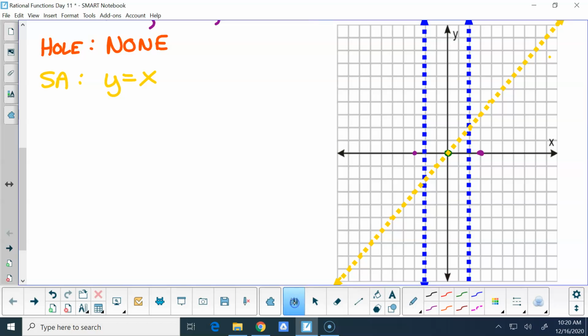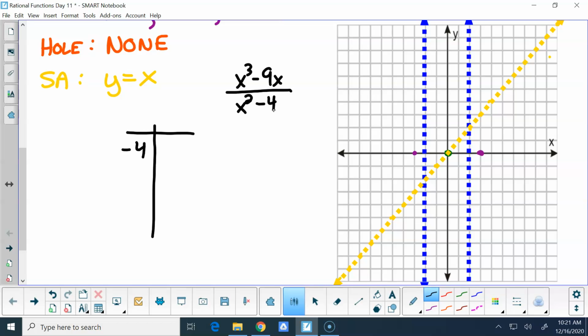All right. So we did 3 already. Let's do negative 4. Oops, I've got to get back my function. What was my function again? X cubed minus 9x all over x squared minus 4, correct? So negative 4 cubed is negative 64. Negative 9 times negative 4 is positive 36.